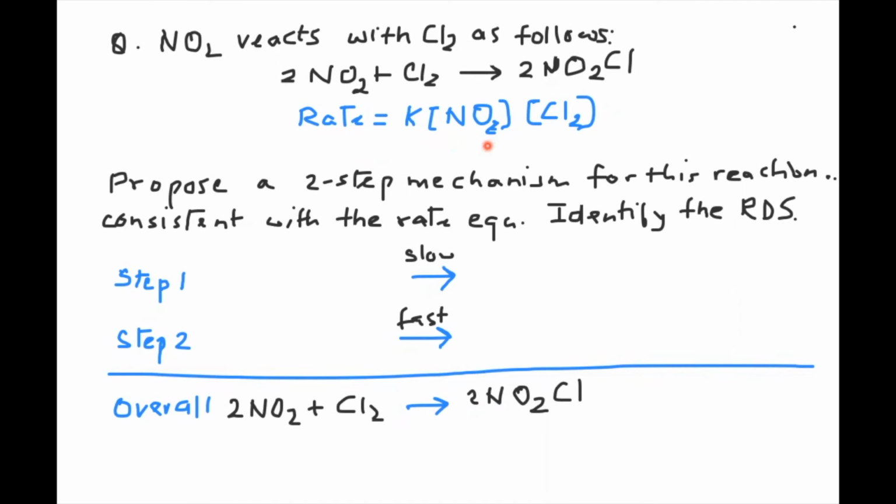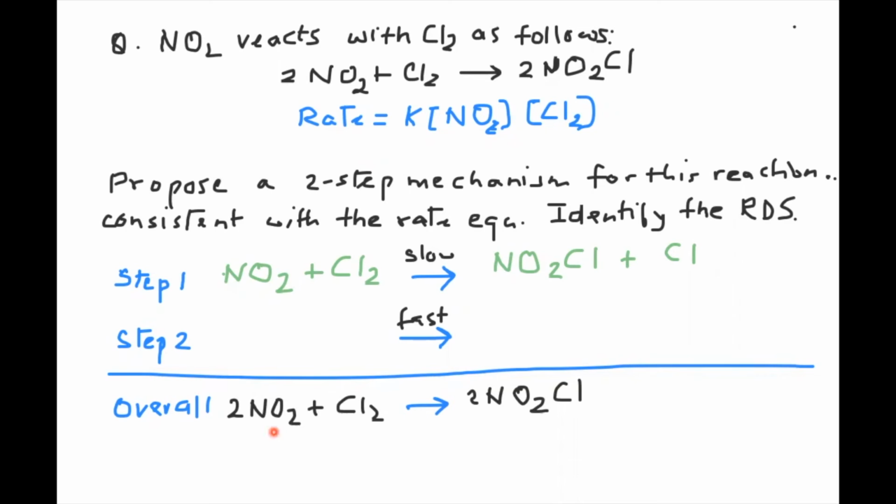And since we have called step 1 the slow step, we'll put one NO2 and one Cl2 on the left hand side as the reactants in step 1. And we're going to use this to make one of the products. In our case, we'll make a mole of NO2Cl, which leaves us with one Cl, which becomes a Cl radical.